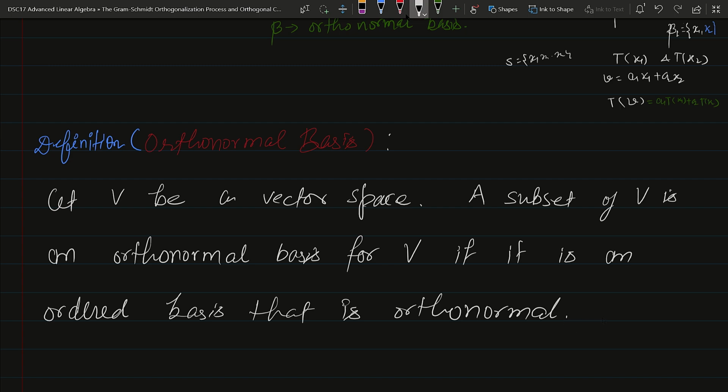So this is the definition of orthonormal basis.